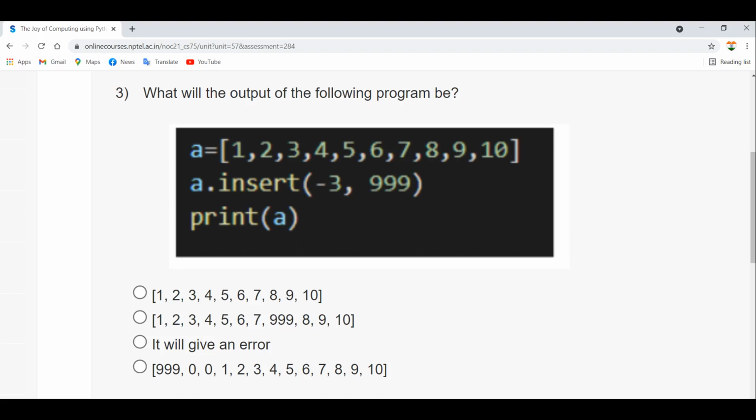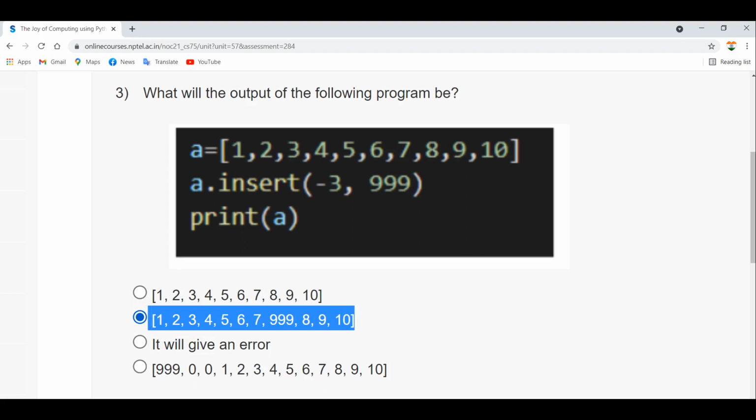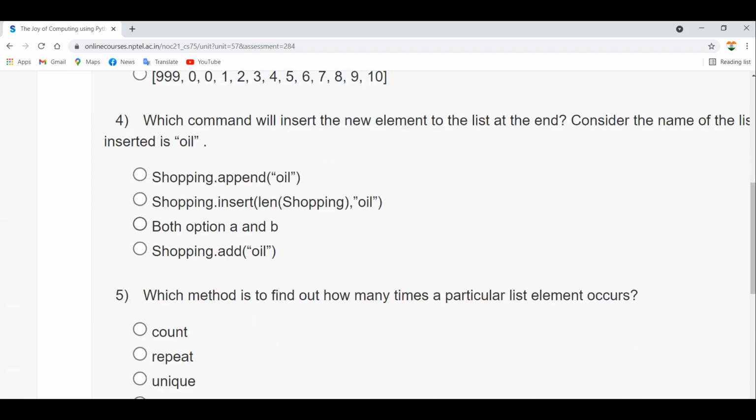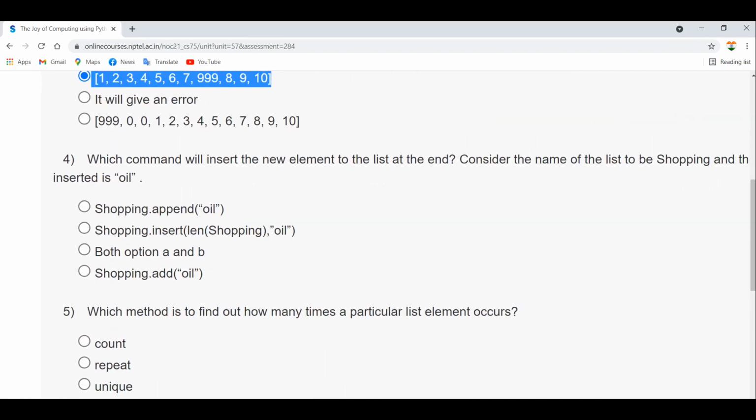So this solution is option number B. Do it fast. Question number 3, option number B. Note it fast. Next, question number 4.